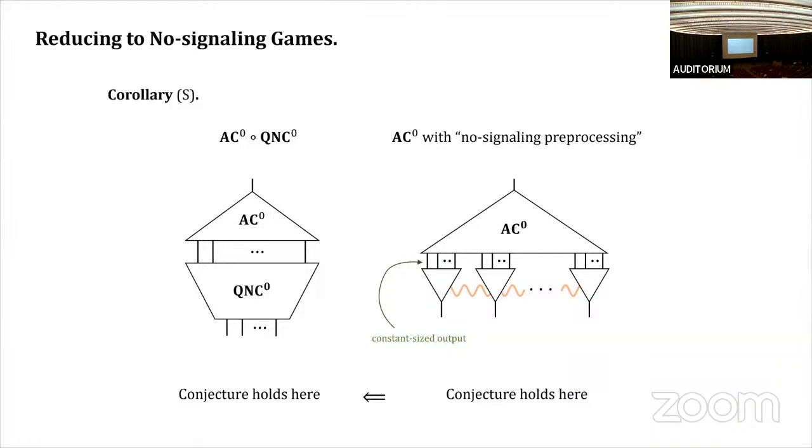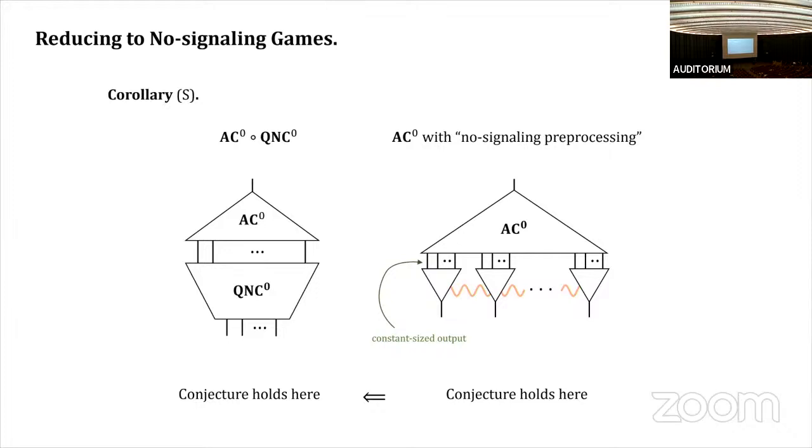And they share, as I've written, no signaling correlation. So this is a little bit stronger than quantum correlations. The version with quantum correlations, that being hard would also imply the theorem, but it suffices for this work to allow strategies where all of these n players have no signaling correlations. And we want to argue that this model of computation here also cannot compute parity.